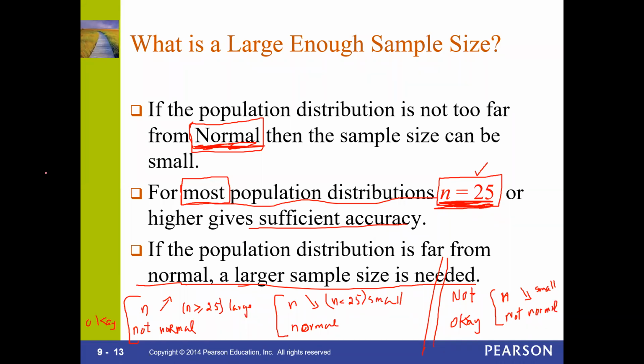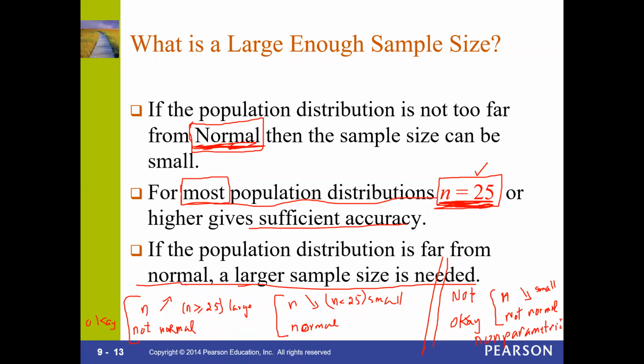So if n is small and the population distribution is not normal, then that's going to be a problem. In this case, you need to do something called non-parametric.